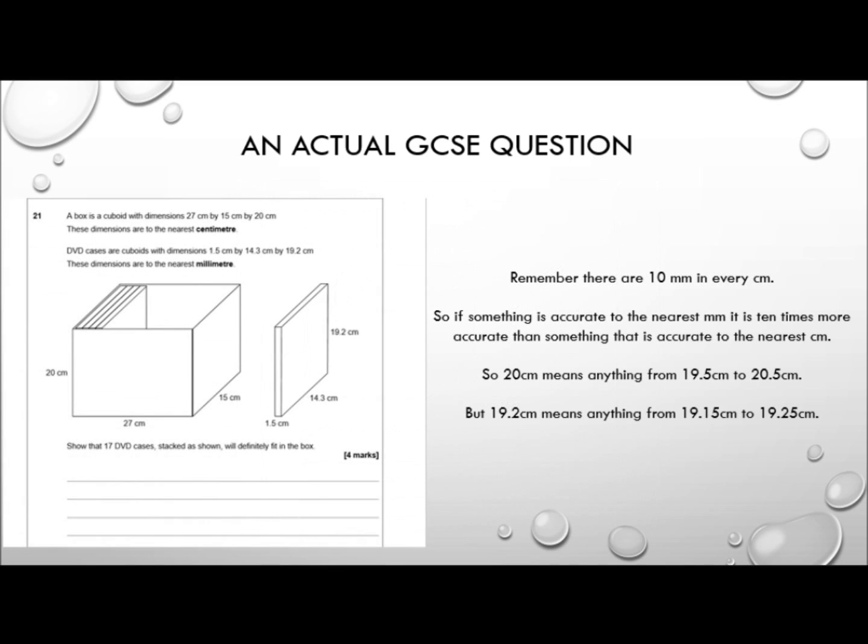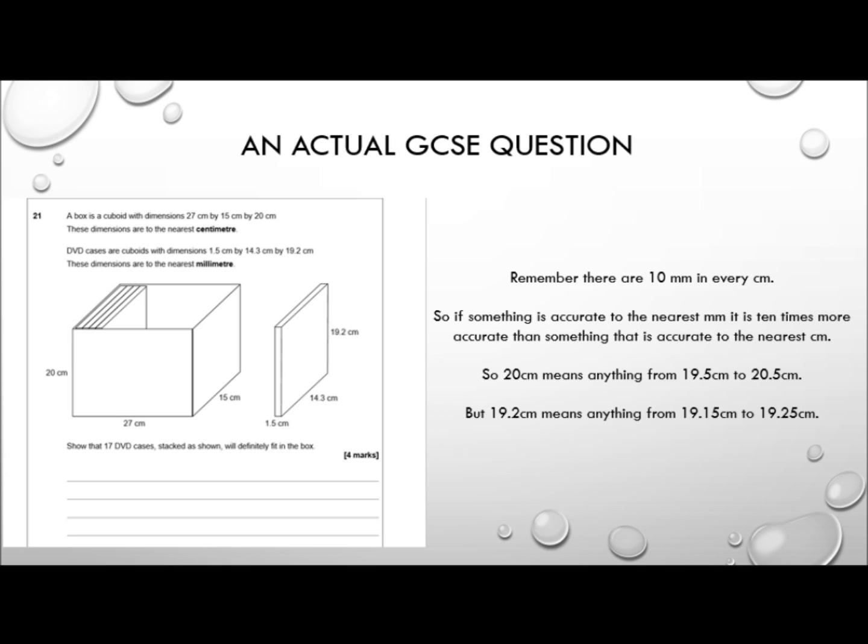Now we remember that there are 10 millimetres in every centimetre. So if something is accurate to the nearest millimetre, it is 10 times more accurate than something that is accurate to the nearest centimetre. So 20 centimetres means anything from 19.5 centimetres up to 20.5 centimetres.